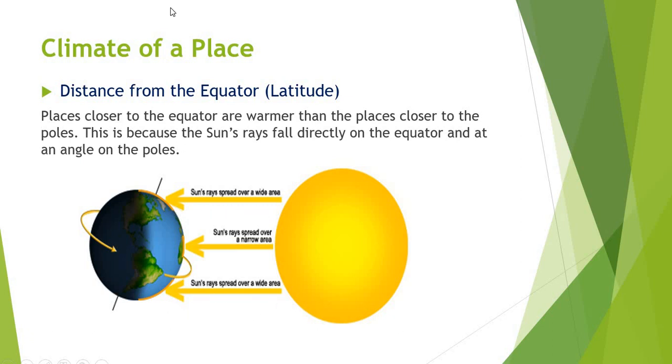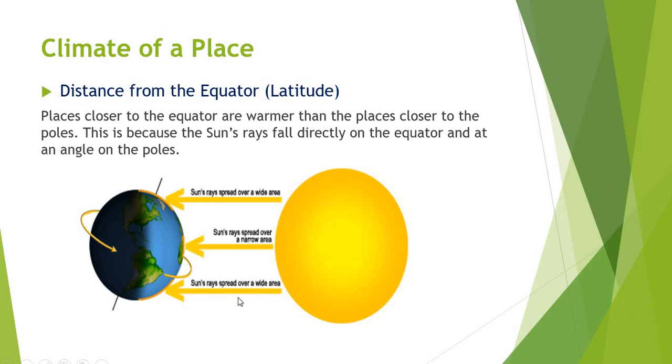So here this ray covers less distance in comparison to this ray which falls on the pole area. So the rays which fall on the equator cover less distance, so the intensity of the warmth of the sun is more at the equator in comparison to the rays which fall on the poles at an angle.